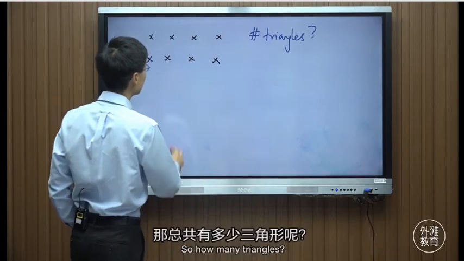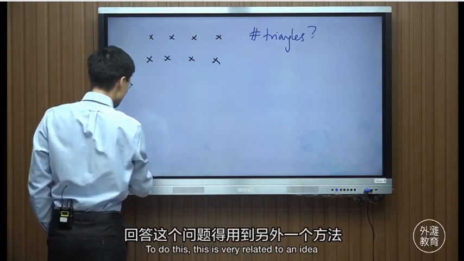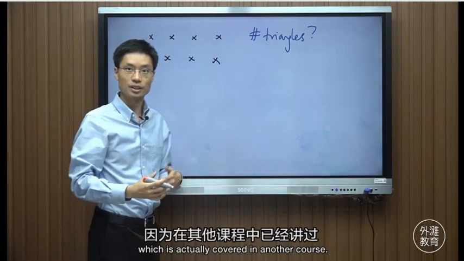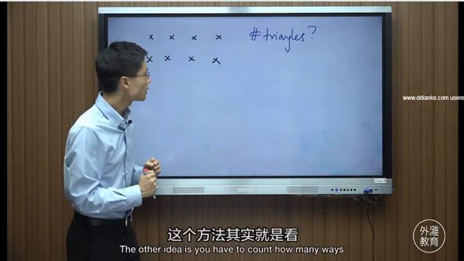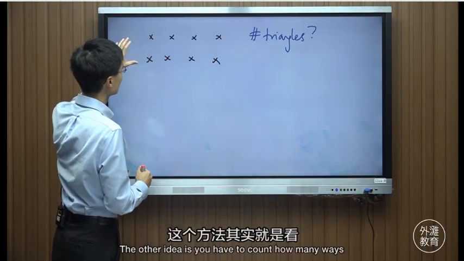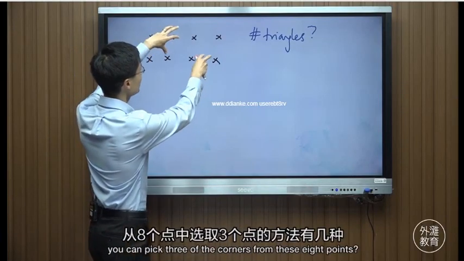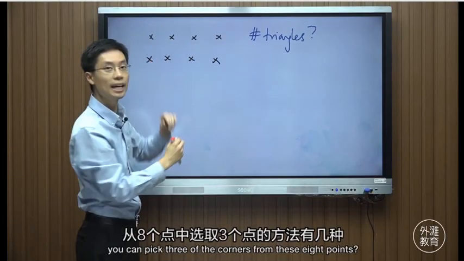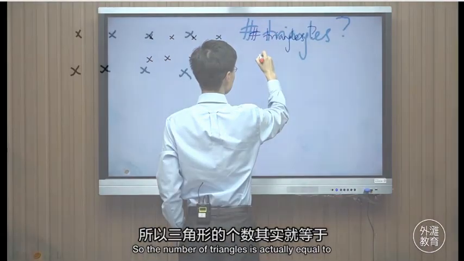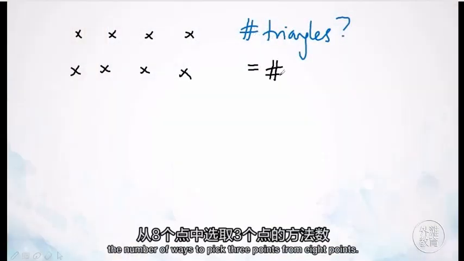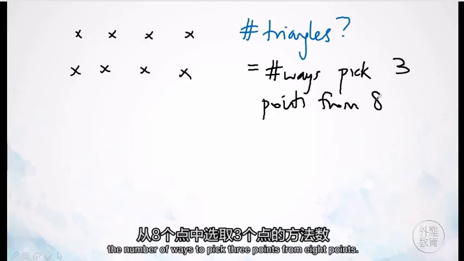So how many triangles? To do this, this is very related to an idea which is actually covered in another course, and so I won't go deep into that. The other idea is you have to count how many ways you can pick 3 of the corners from these 8 points. So the number of triangles is actually equal to the number of ways to pick 3 points from 8 points.